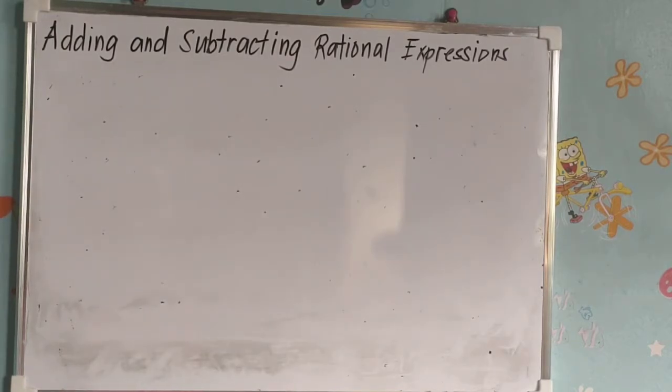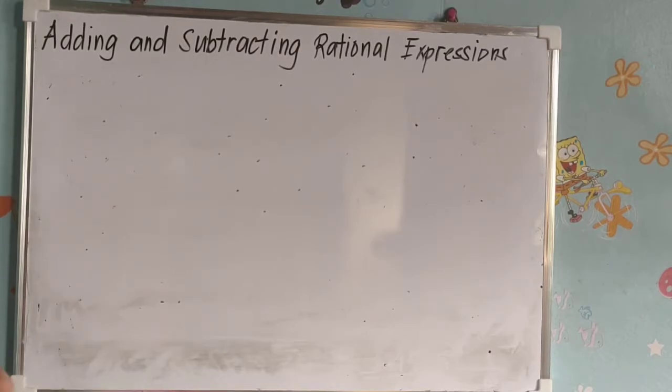So in this video we are going to discuss how to add and subtract rational algebraic expressions. So we are going to perform addition and subtraction of rational algebraic expressions, and of course how to reduce our answers to lowest terms.